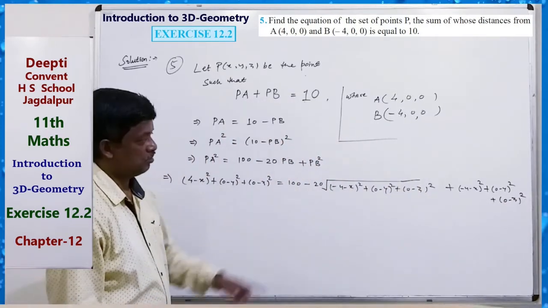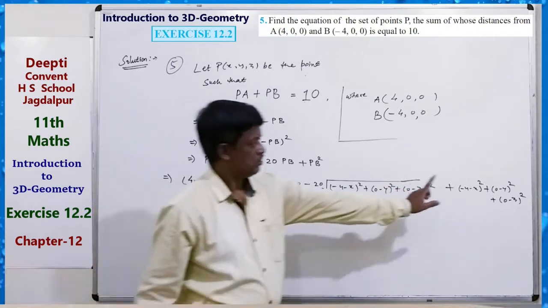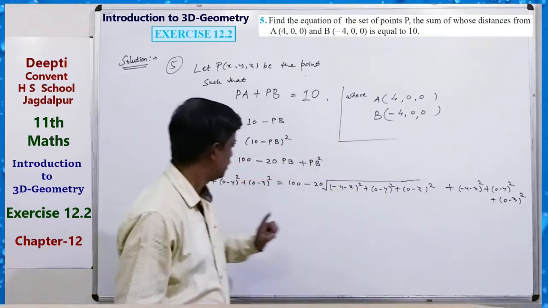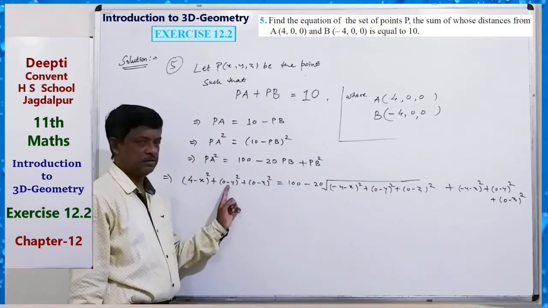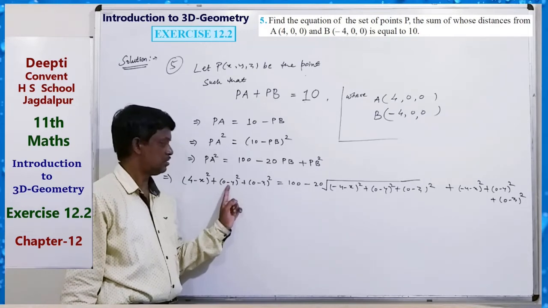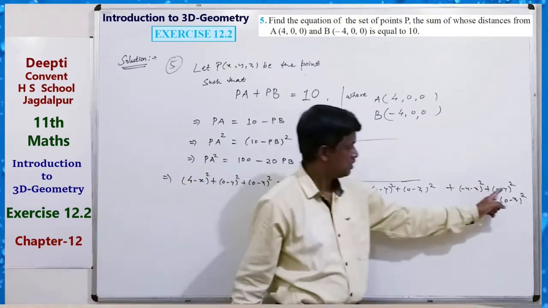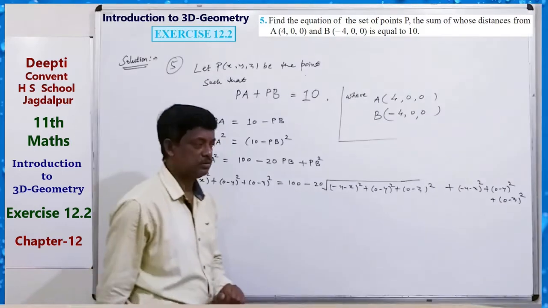Okay, now this quantity minus this, and this and this are cancelled out.